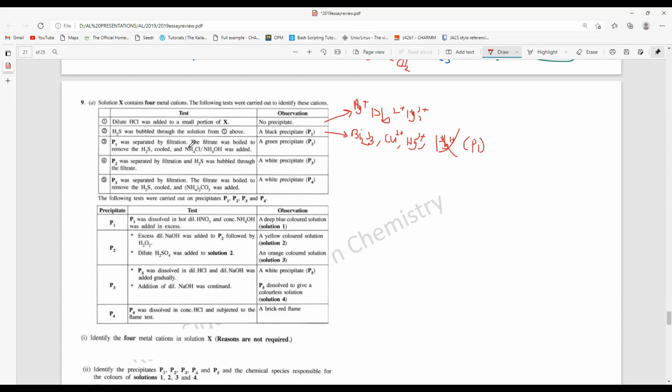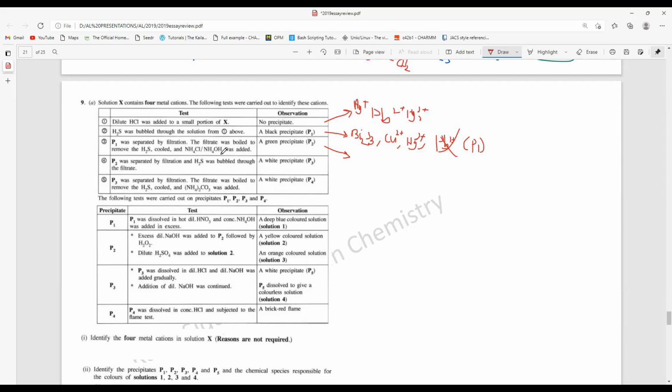P1 was separated by filtration, and the filtrate was boiled to remove H2S. Then ammonium chloride and ammonium hydroxide were added, and a green precipitate formed. Now don't forget, in general in cation analysis, they first add nitrate to oxidize any Fe2+ to Fe3+.